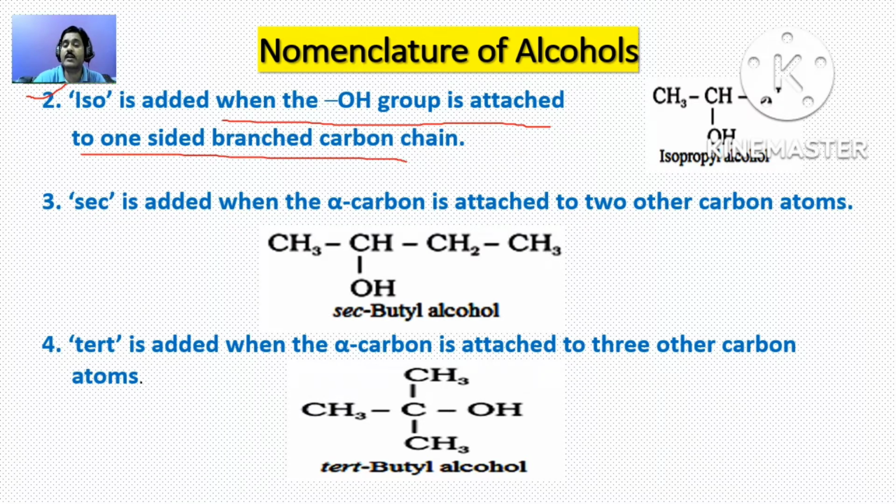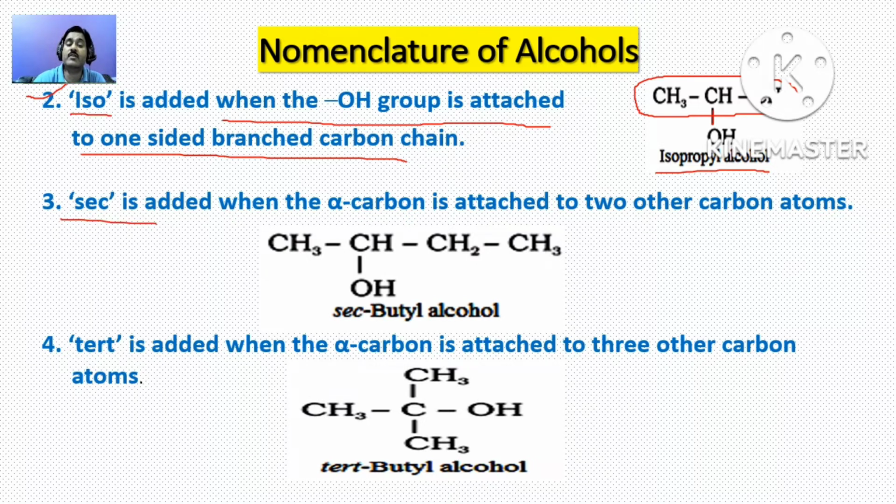For example, isopropyl alcohol. That is the longest chain, and the OH group is attached to the second carbon, or we can say the branched carbon, so it is called iso.